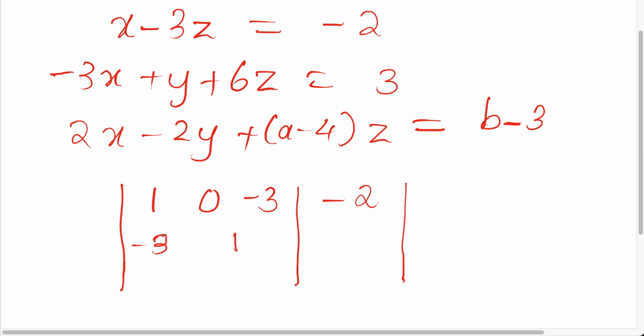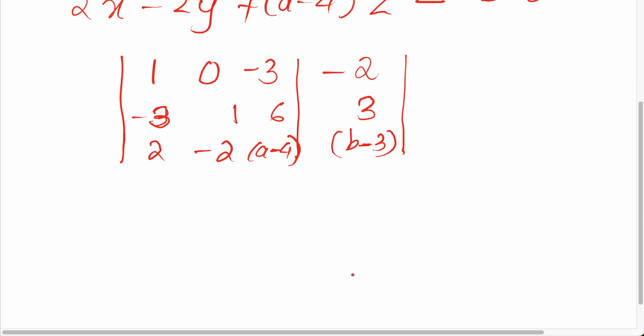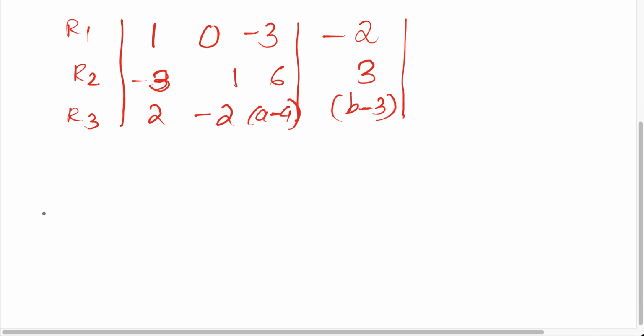Then minus 3, 1, 6, 3, and 2, minus 2, a minus 4, b minus 3. And this is the first row, this is the second row, and this is the third row. Our procedure remains the same. We try to eliminate two variables from one of the rows and one variable from a second row, and then we proceed, correct?